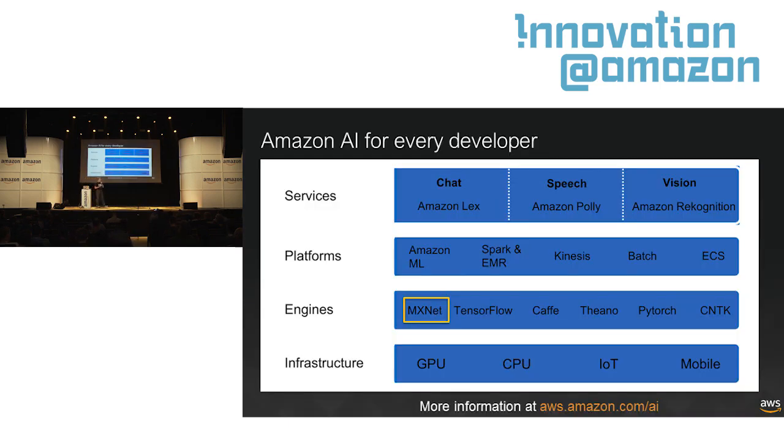So first of all, just a quick recap on where we stand on AI. This is our current AI stack, and of course we keep working on building new services and new blocks for that stack. So watch this space. At the lowest level, we have infrastructure.